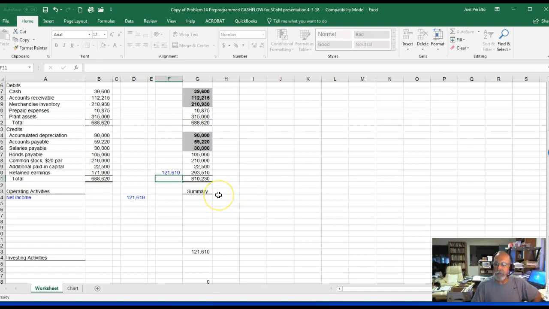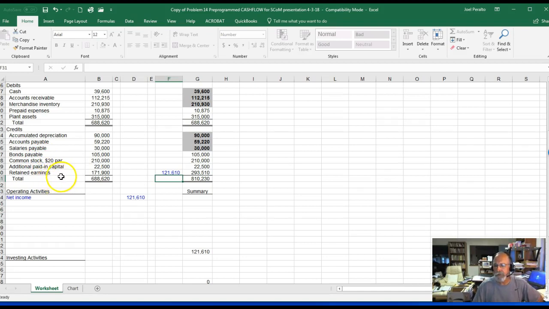So as a quick refresher, when we close our books, if we are a corporation, and we can tell we're a corporation here because we have bonds and stock and retained earnings. So those are corporation accounts in the equity section. Well, bonds are a liability, a corporate liability.